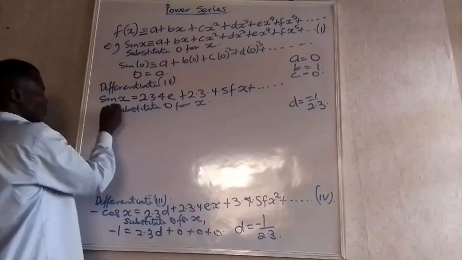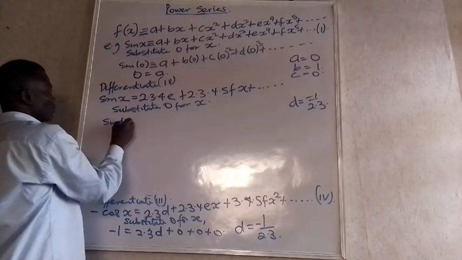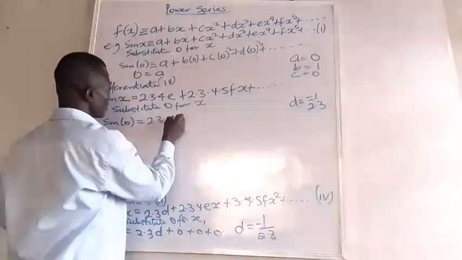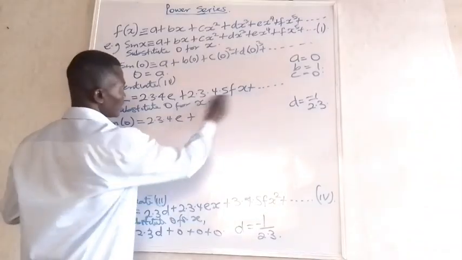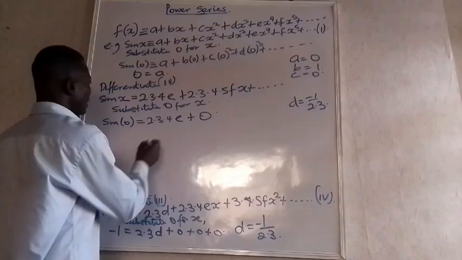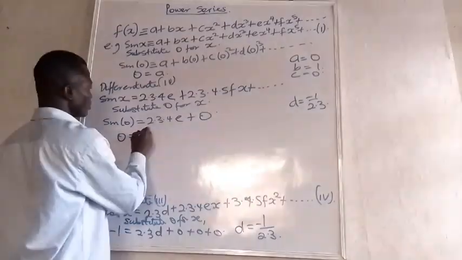So we have sin 0 will be equal to 2 times 3 times 4 e. This other one will be 0 because it contains x. So what is sin 0? 0. So e equals 0.